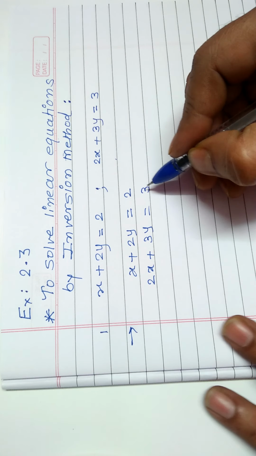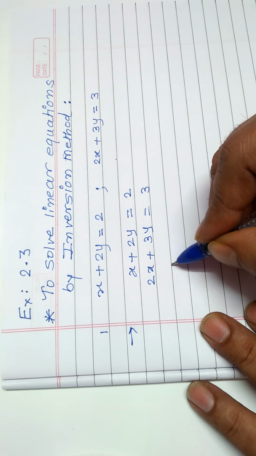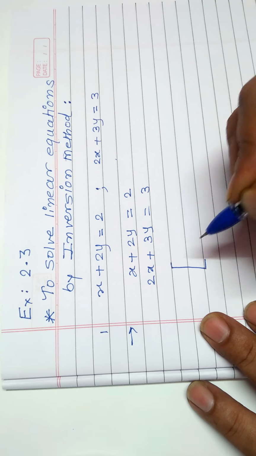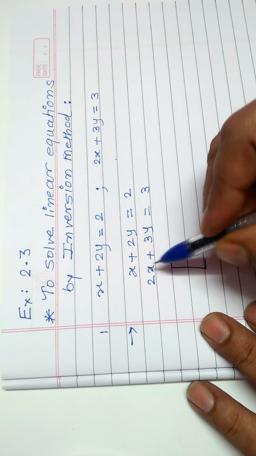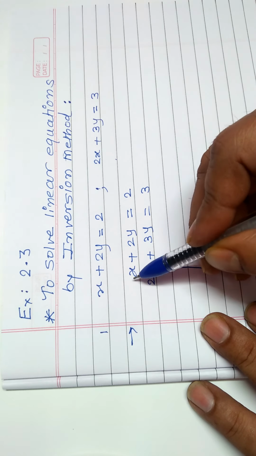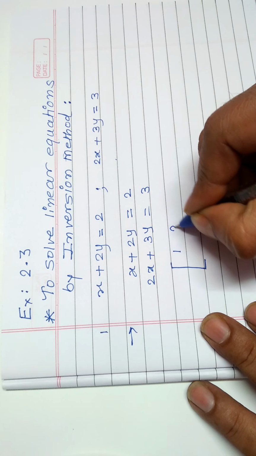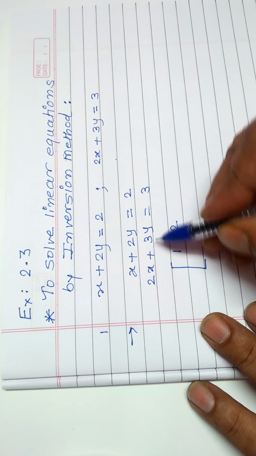Okay, by using these two equations we form three matrices. The first one is the matrix of coefficients of x and y, that is [1 2; 2 3].